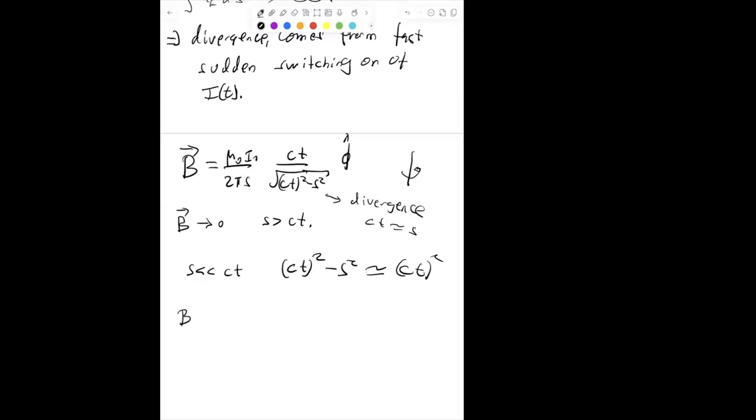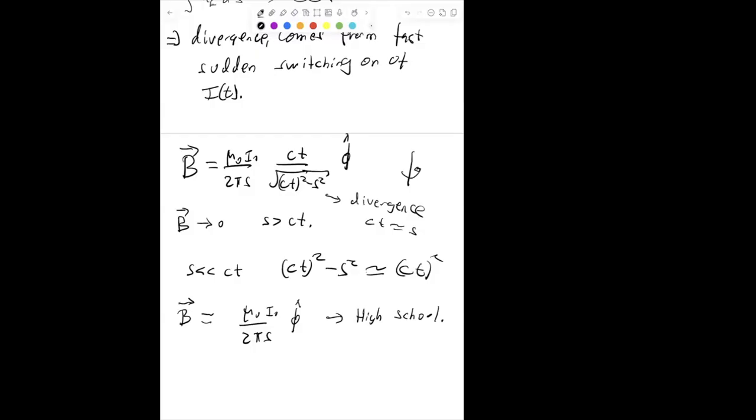And then B goes like mu0 I0, I'm just copying from the above equation, over 2 pi S. I take the square root of CT, divide by CT, and that's it. So this goes like phi. And this is what is learned in high school, which is of course correct under these conditions.